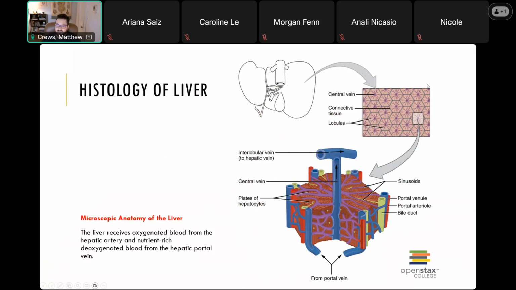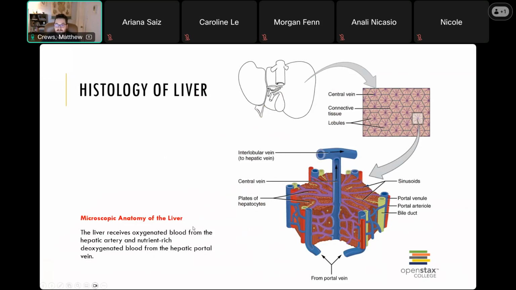If you were to take a section of the liver, you would see these really highly organized subunits called lobules. It receives oxygenated blood from the hepatic artery and nutrient-rich deoxygenated blood from the hepatic portal vein.